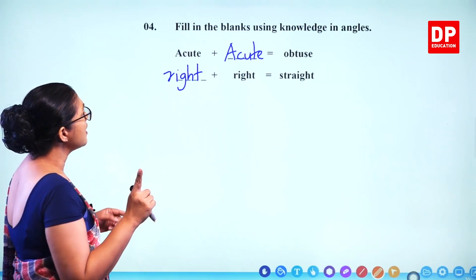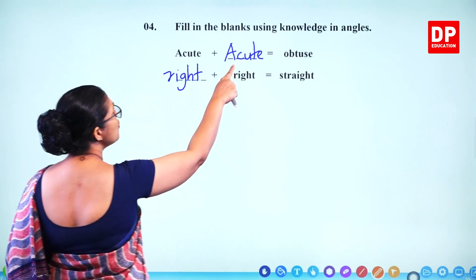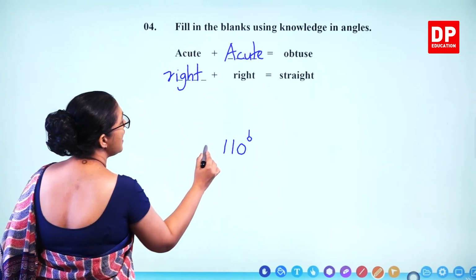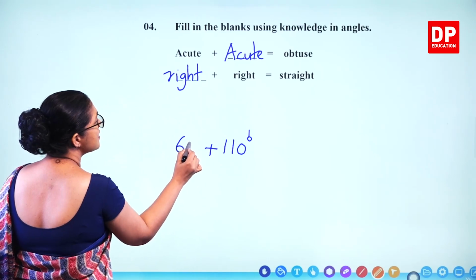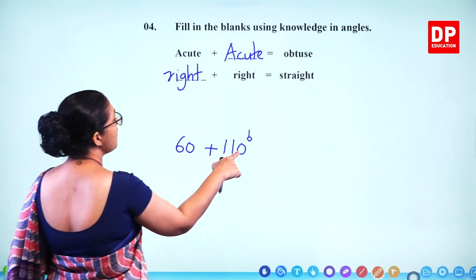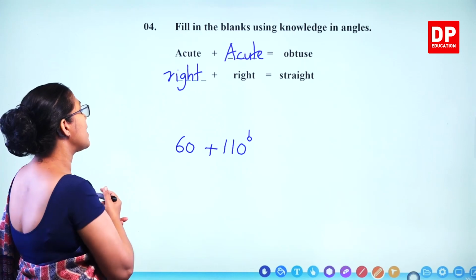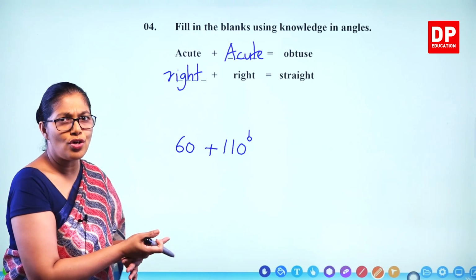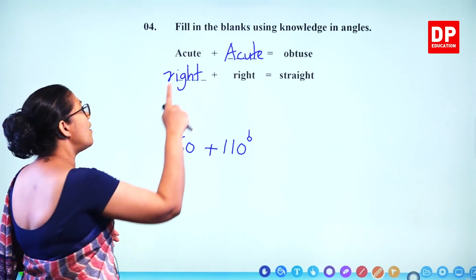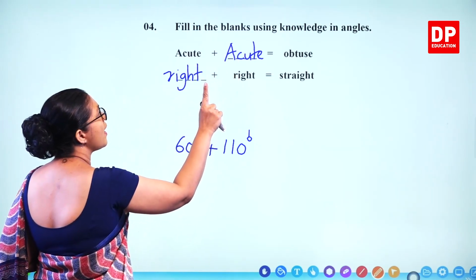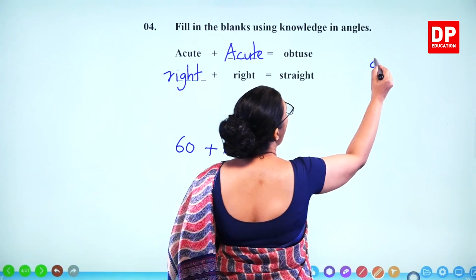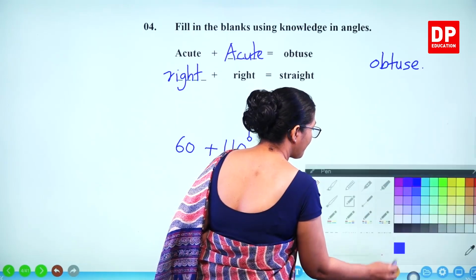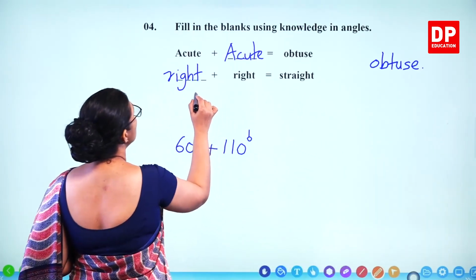Think about an obtuse angle 110 and an acute angle 60. 110 plus 60, you get 170. That's also obtuse. So for this blank, you can write either acute or obtuse. You get marks for that. So 2 marks.